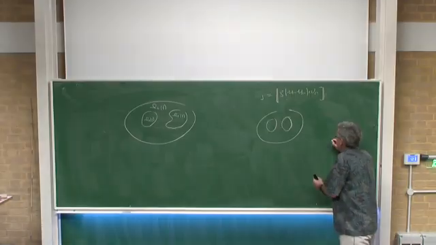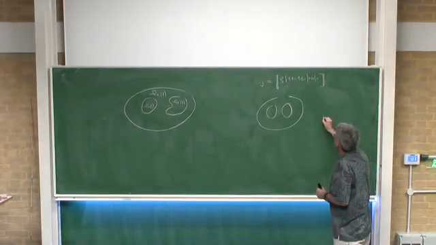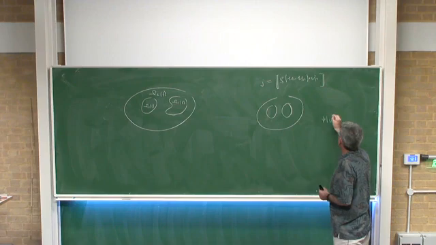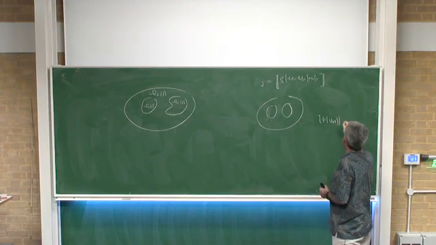So we know that C of melting temperature is 0.